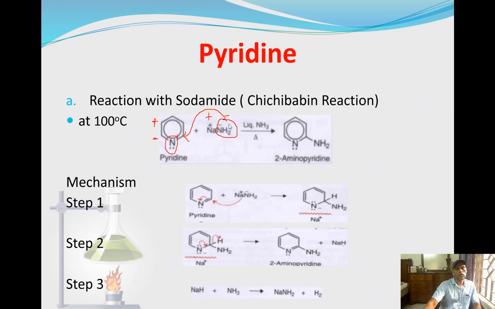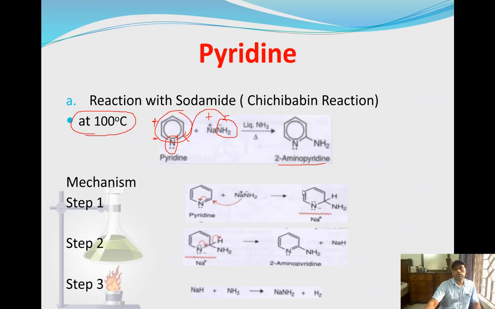That's why the nucleophile is going to get attracted towards the ring, and it is going to attack at the C2 position in the presence of liquid ammonia and heat. You are going to get 2-aminopyridine as the product for the reaction with sodamide. You have to carry out the reaction at 100 degrees centigrade.